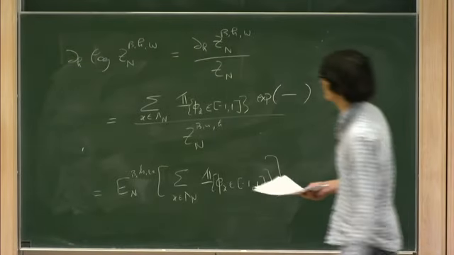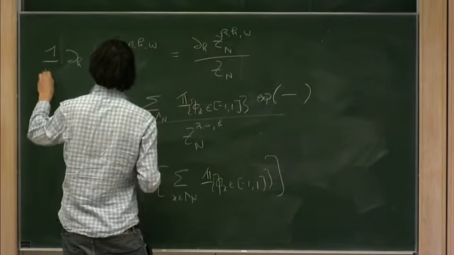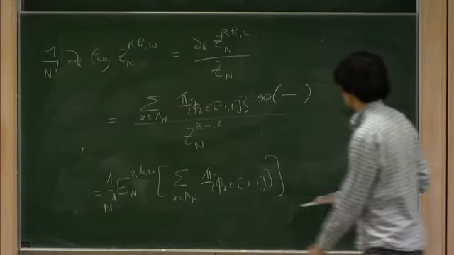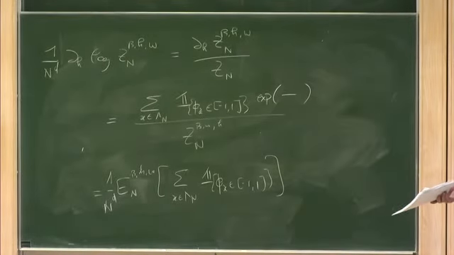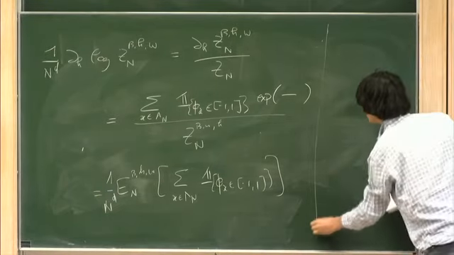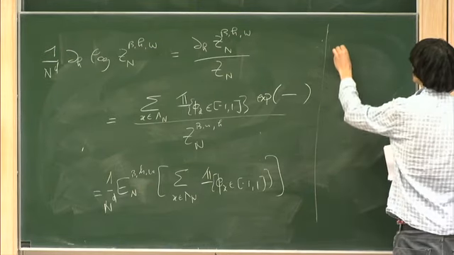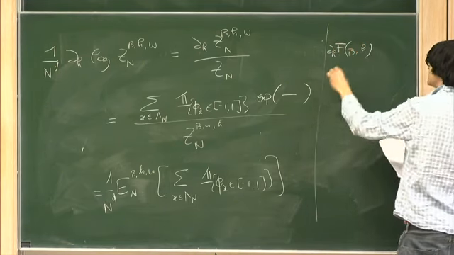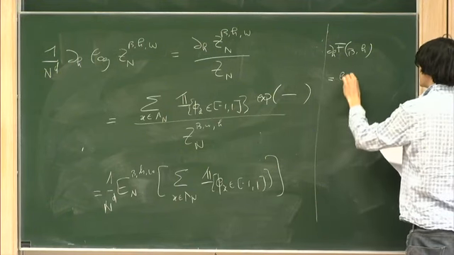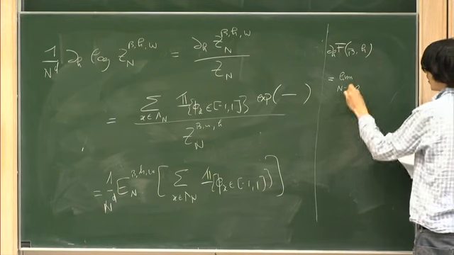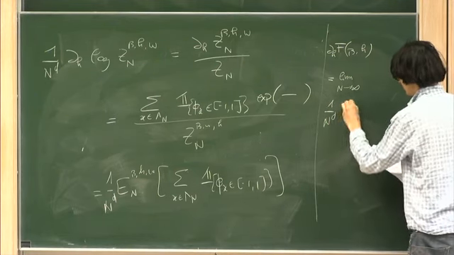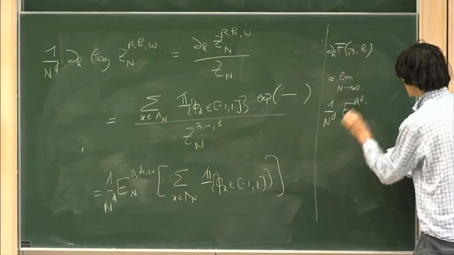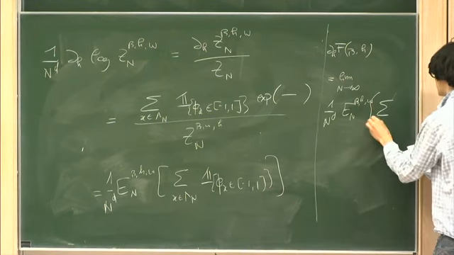So in particular, if you divide by n^d and you take the limit, what you obtain is that the derivative of f(beta, h) is equal to the limit when n goes to infinity of 1 over n^d times the expected value of this sum.